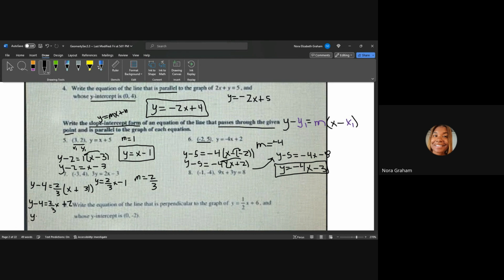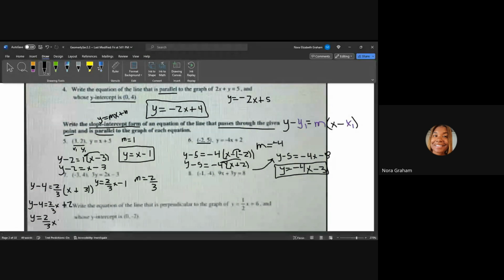I get y equals 2 over 3x plus 7, right? And that is the answer for that one.